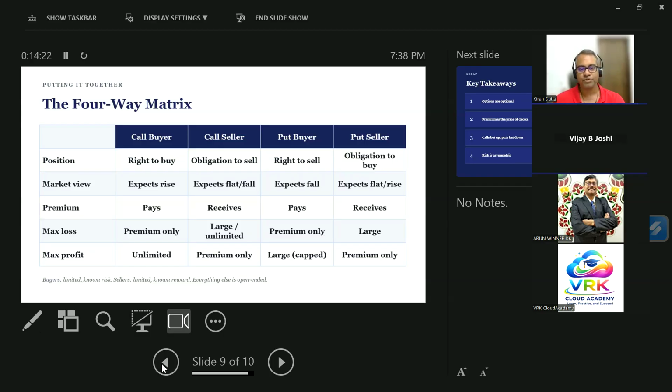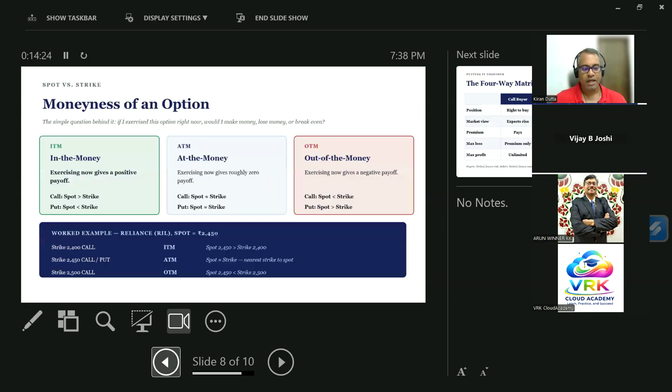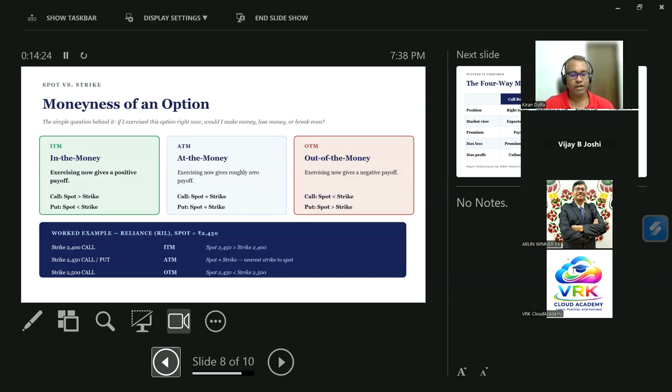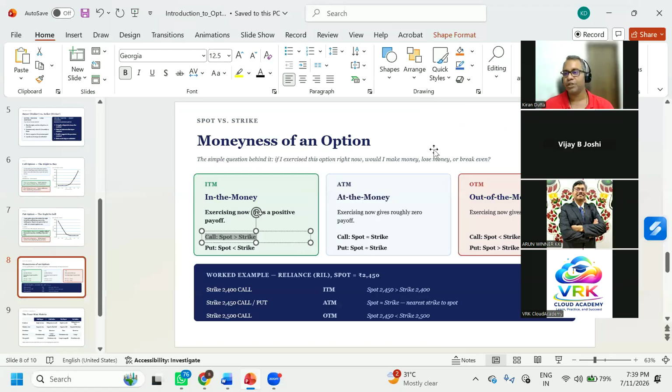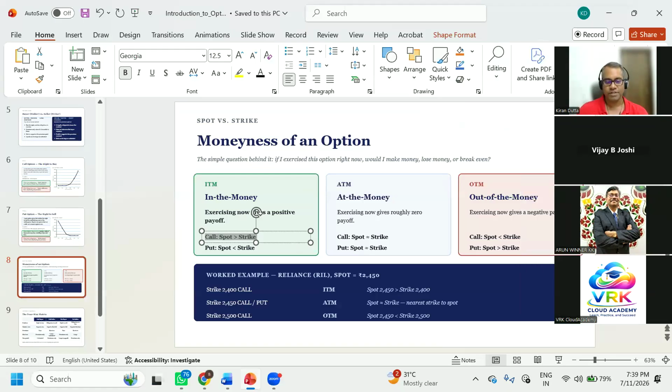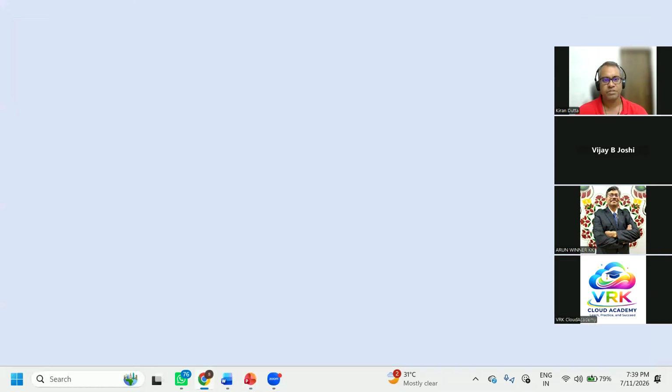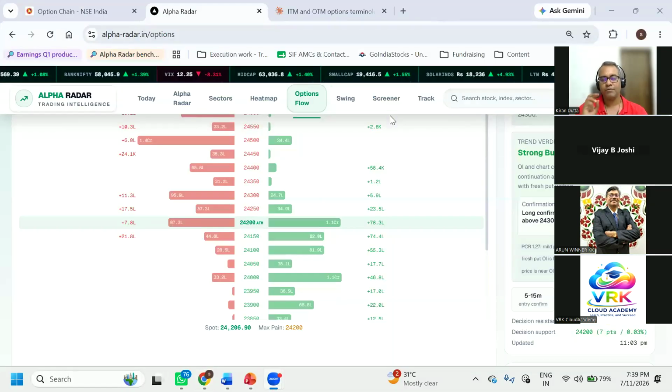Let me move to this part. I'll switch gears for a moment. I will talk about a couple of things here. Primarily, I want us to understand three important concepts.